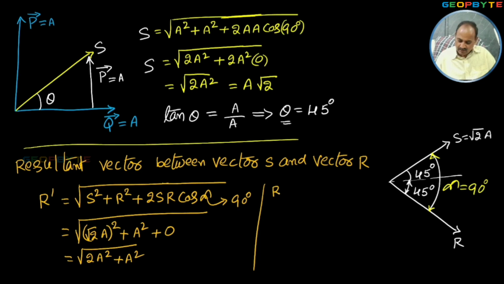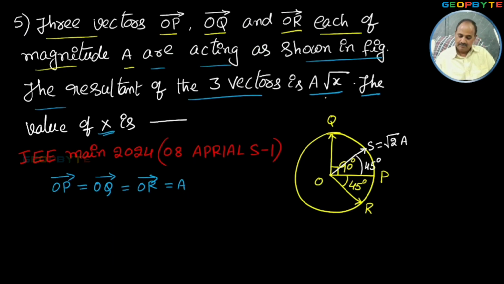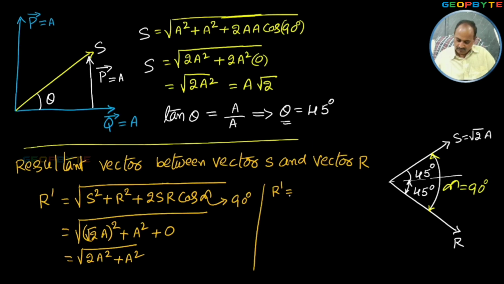So this R dash, what is the resultant vector given? The resultant vector between these three vectors is A root x, is equal to what? It is equal to root of 3A square, which is root 3A.